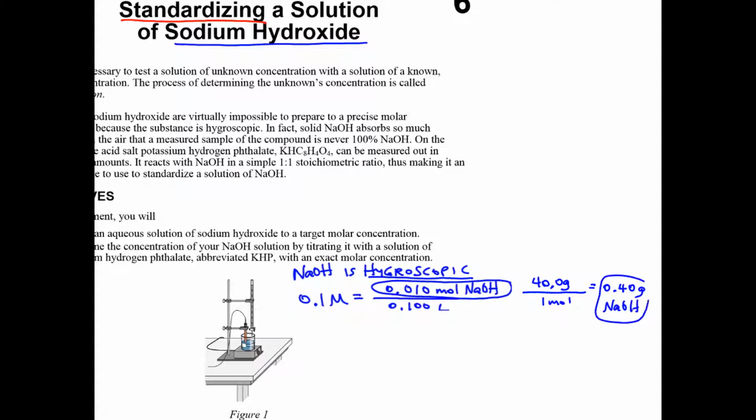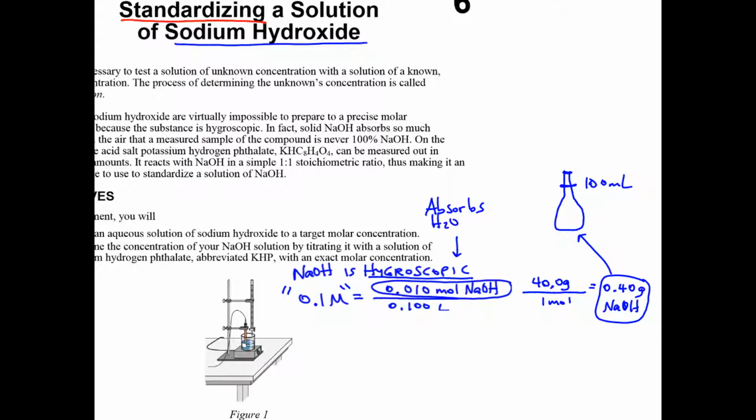So you're going to take your 0.4 grams of sodium hydroxide and dilute it into, let's say you use a volumetric flask, which you won't have to do in this case. You put your 0.4 grams there, then you have 100 milliliters of solution, and you're going to think you made the perfect 0.1 molar, but you did not. The reason is because this is hygroscopic, which means it absorbs water from the air.